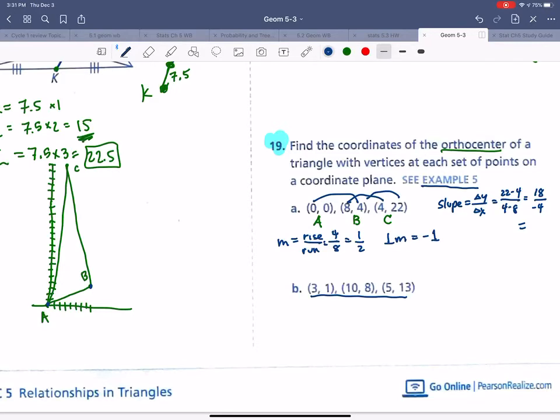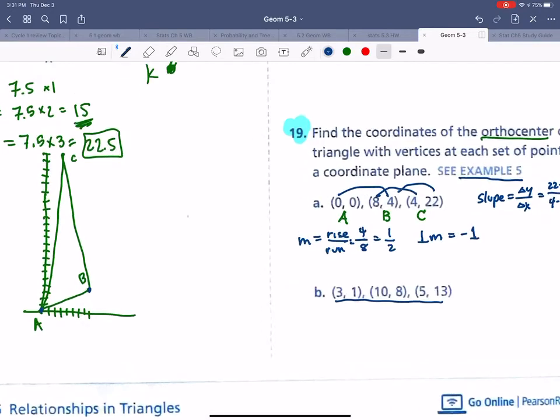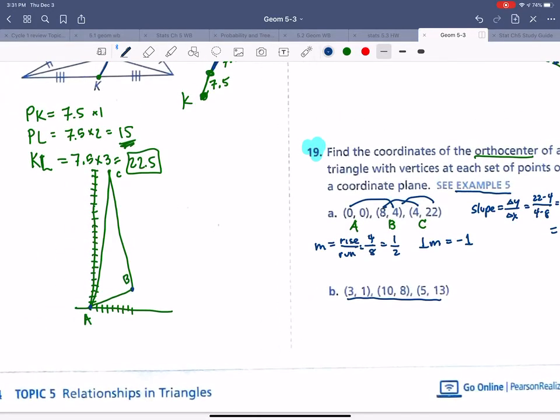So it looks like I'm going to get a coordinate. It looks like that's obtuse, so I'm going to get a coordinate that falls outside. If I extend this line, this would be my first altitude. I see my line here. This would be my other altitude, so I can extend that. It looks like right about here is where my altitudes are going to meet.